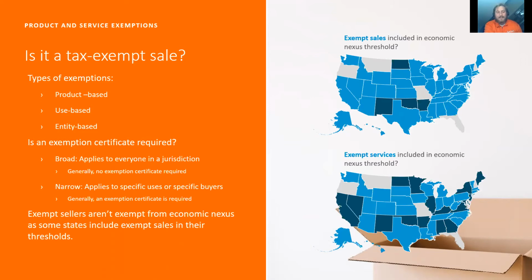But again, another layer of complexity added to the task of understanding whether products or services are taxable, or whether they are exempt, as well as adding to the thresholds as far as understanding your nexus footprint.